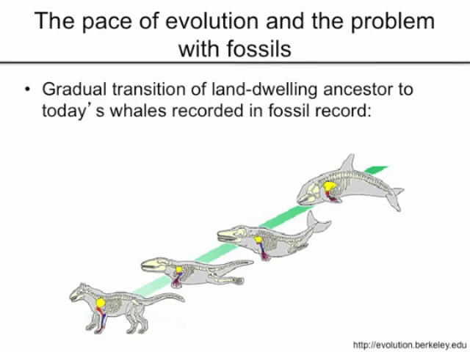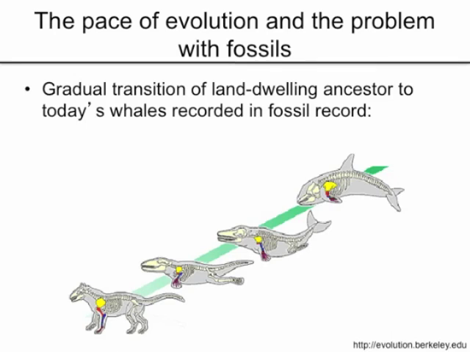So land-dwelling mammals started living more and more in the ocean, and those that were better adapted to swimming and to spending long periods of time in the ocean were more likely to survive, and gradually they evolved into what we now know as today's whales.